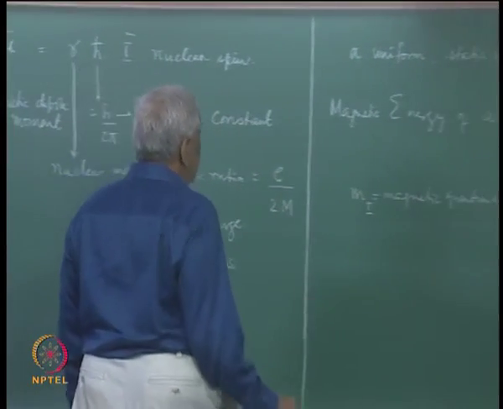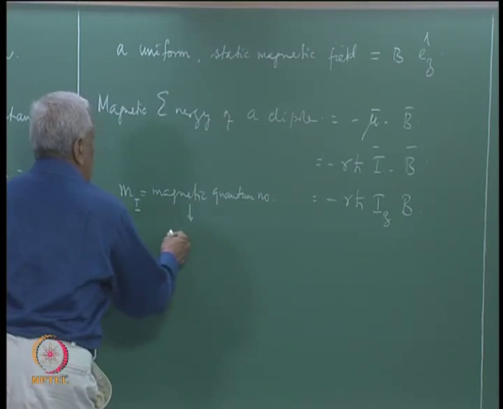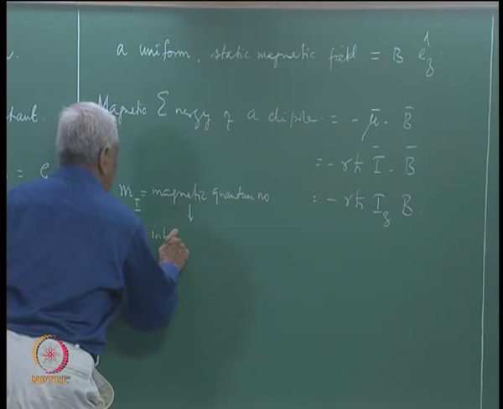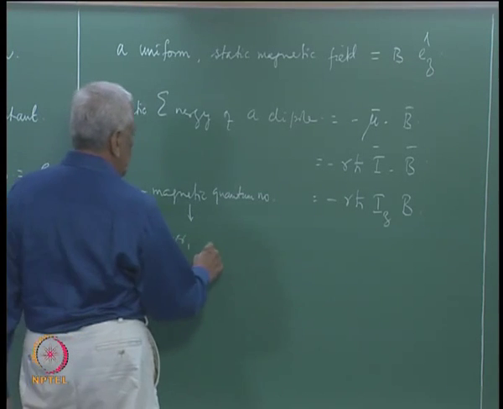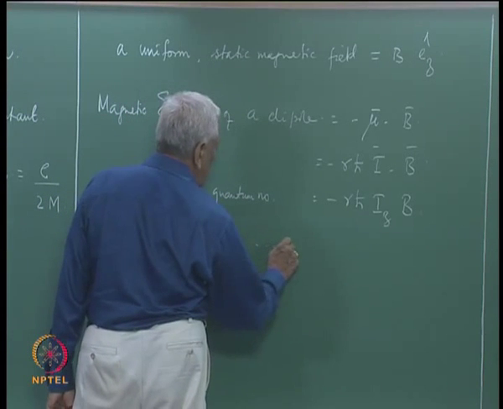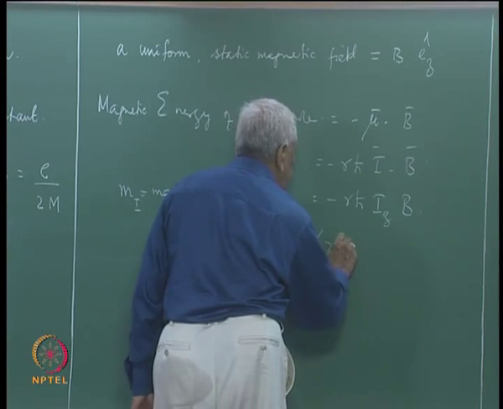In quantum mechanics it is a standard well known result that mI takes integral or half integral values going from minus I to plus I, 2I plus 1 values.